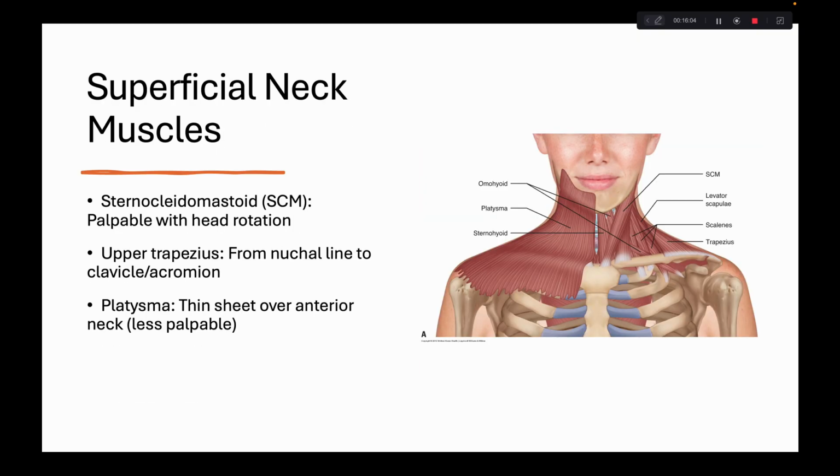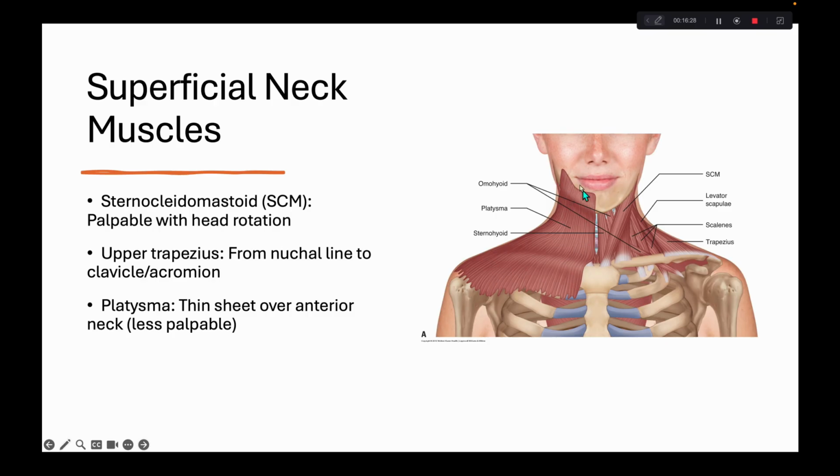Right now we have some superficial neck muscles. Superficial is closer to the skin. We have tons of layers, but here are the superficial ones. I'm going to jump down to the last one first, because that is super superficial. See how this looks like a giant blanket, this platysma?